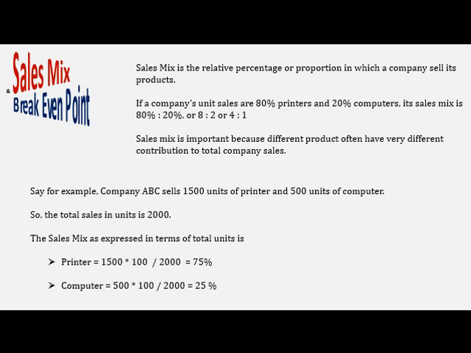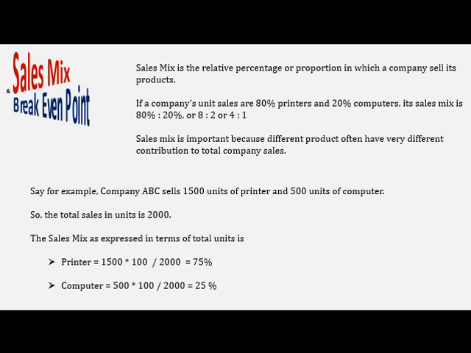In order to perform a calculation, let's take a situation where company A, B, C sells 1,500 units of printer and 500 units of computer. We need to determine the sales mix. From the data we see that total sales is 2,000 units. Thus, sales mix consists of contribution from printer and computers.